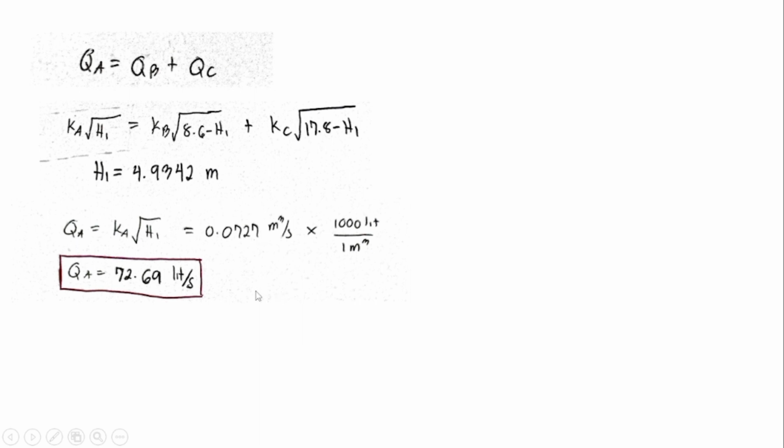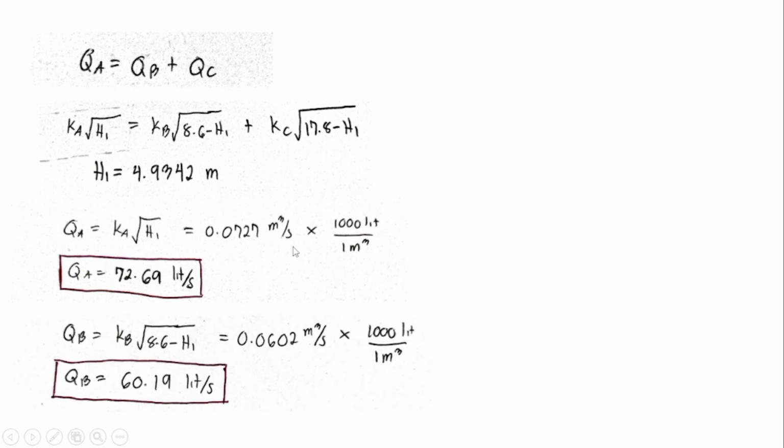But we are asked to find the discharge in reservoir A in liters per second. So 0.0727 cubic meter per second times 1000 liters over 1 cubic meter. So the discharge A is 72.69 liters per second.